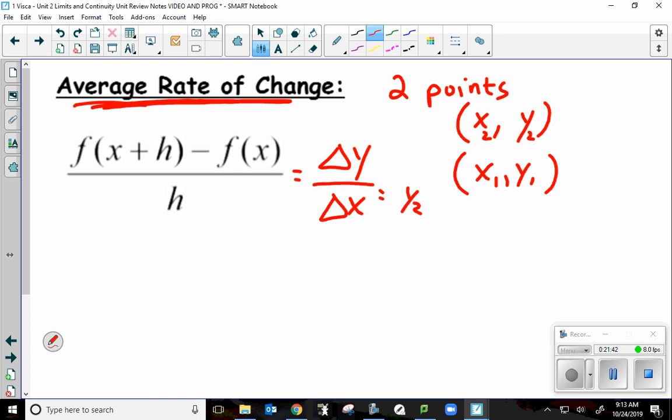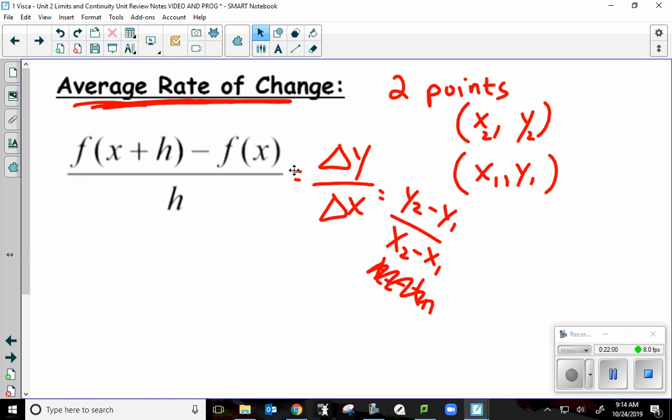That ends up being y2 minus y1 over x2 minus x1. It's the same thing as the average speed. But, mister, what happens if this is a t in the bottom? Good, then call it t2 minus t1. It doesn't matter. On a graph, I think you can locate the x-axis. You are still good. The average rate of change is 2 points.